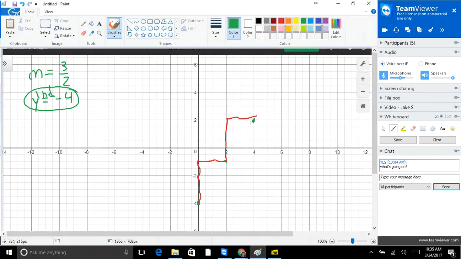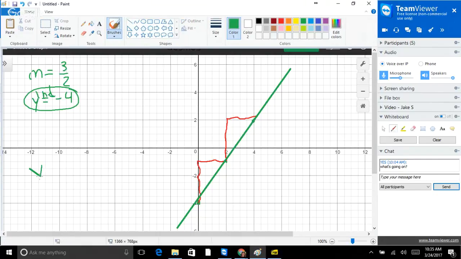So then if I actually want to graph the line, I want to play connect the dots, and connect my dots all the way through. And so now this green line represents every point on my original equation.